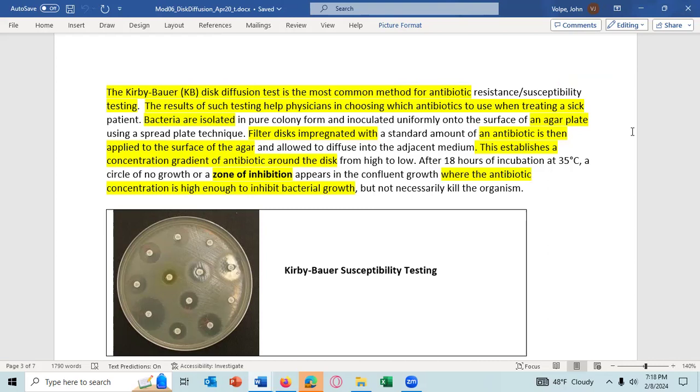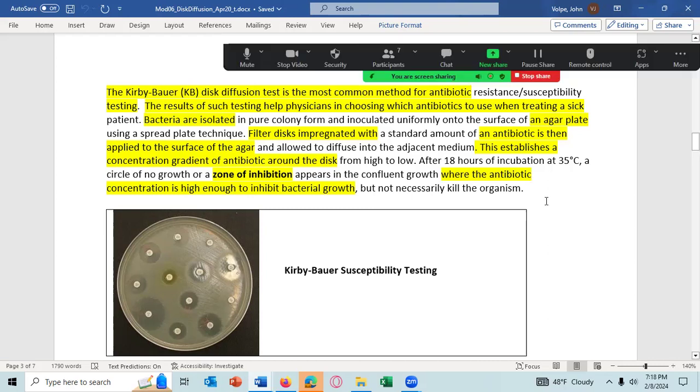take the bacteria and order a Kirby-Bauer test to be done, and then they'll grow up the bacteria on the surface of the agar plate, and it'll grow everywhere on the agar plate. Why? Let me blow this up.